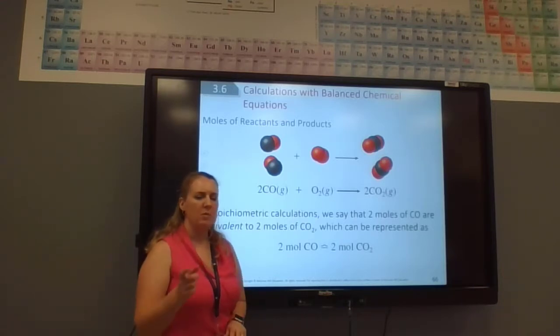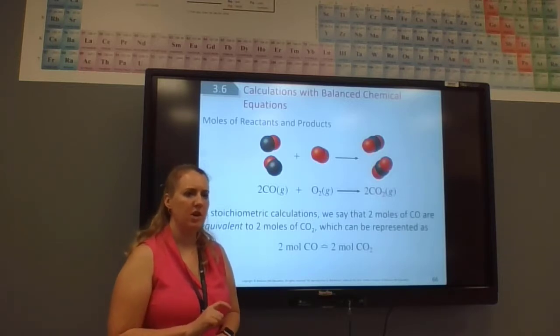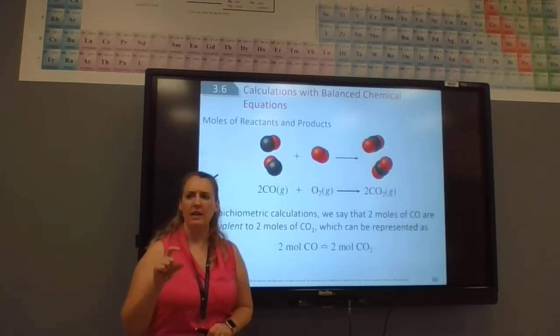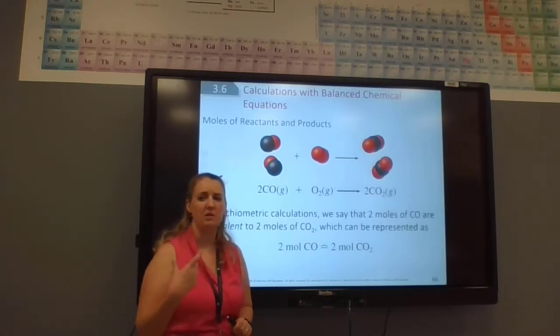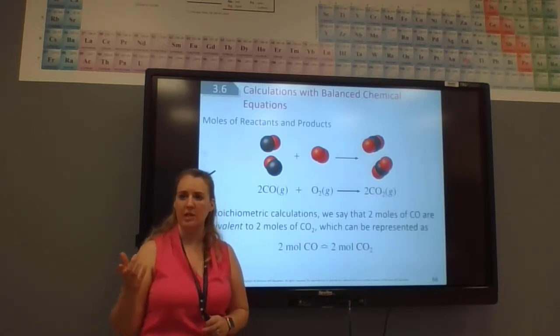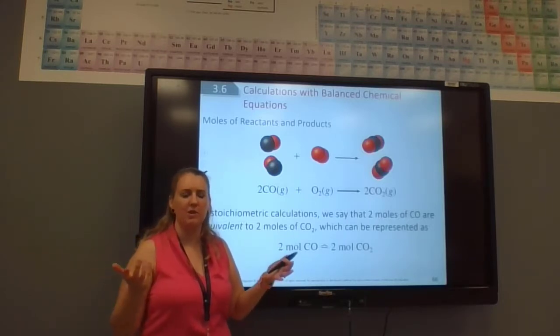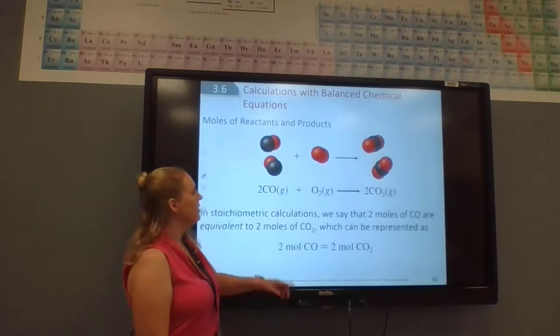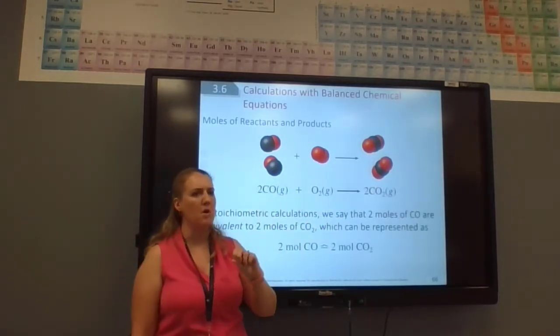Now, when we were talking about finding empirical formulas from the percent composition in the last lecture, we used this handy idea that it's not just the ratio of the atoms in the formula, but also the ratio of the moles. Remember? That's why when we divided to get to the moles, I said, okay, it's the same ratio. We're going to use the same idea here. This is not just the ratio of molecules, this is also the ratio of moles.